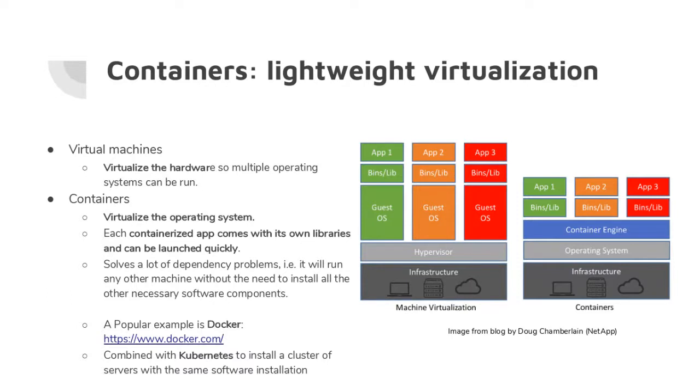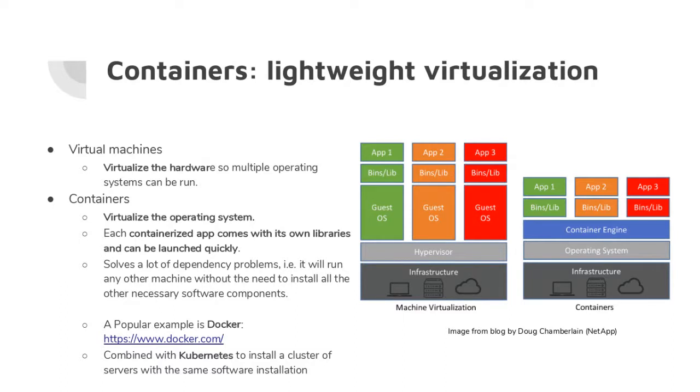That can be useful. For example, you can have one application running a database and everything required to run the database, another application running a web server. So it's another way to separate different applications within their own environment.